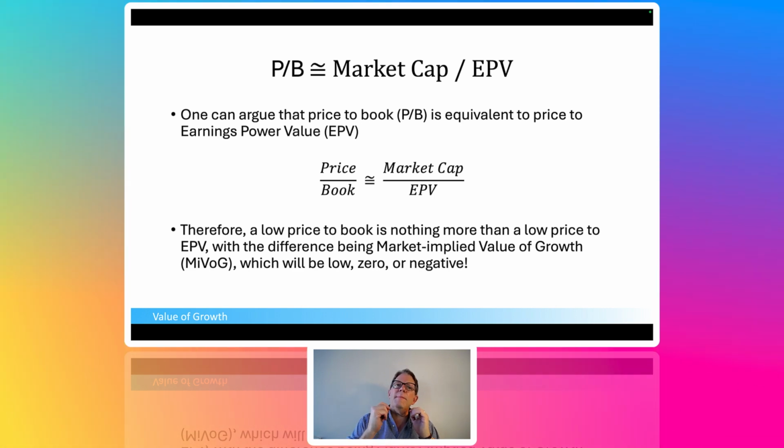And so I think it is a much better way to think of low price to book as low price to earnings power value. And if you're making that investment, you're betting that earnings power value is going to increase in the future.